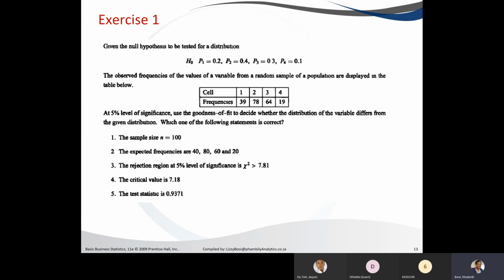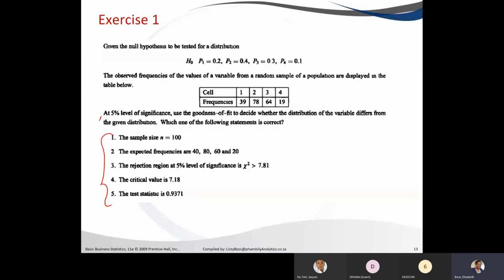At this moment, we'll say the variable differs from the given distribution that we are given. Then we need to test this. But in the exam, they will give you the values like this as an option.